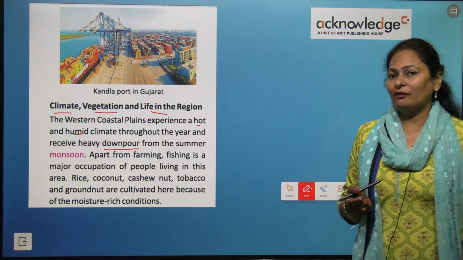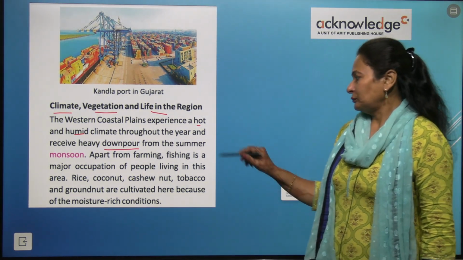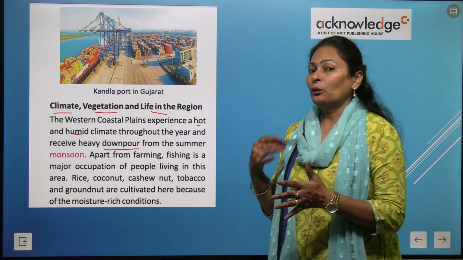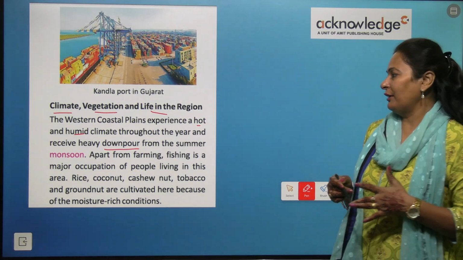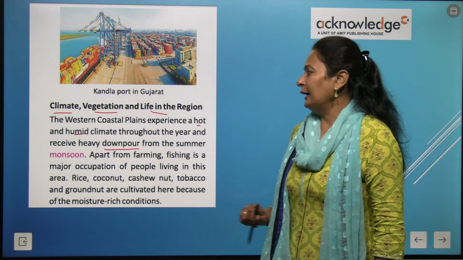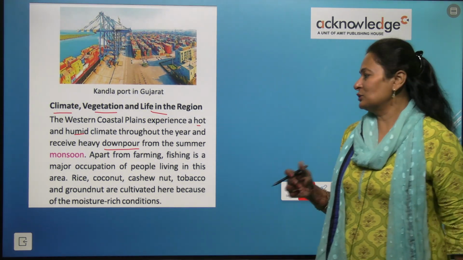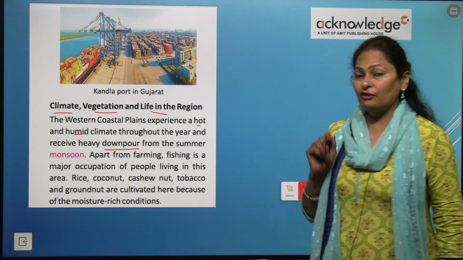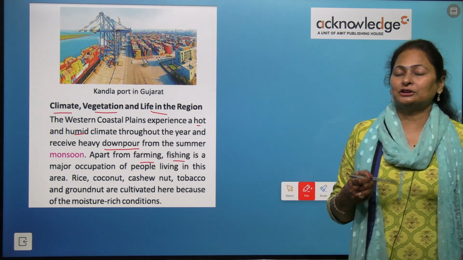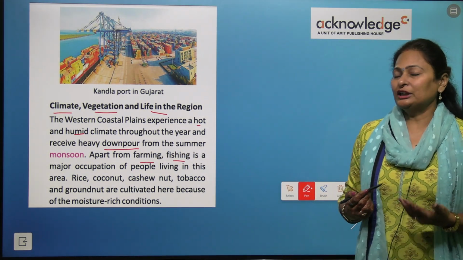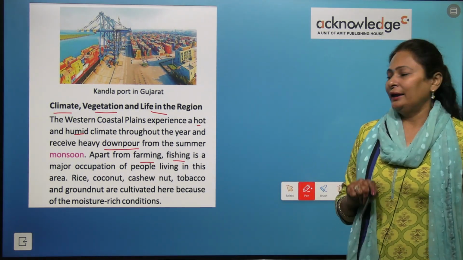Downpour means heavy rainfall from the summer season to monsoon season, and the humid and hot climate is throughout the year. Apart from farming, fishing is the major occupation because of the sea. Fishing is the main occupation of the people living in this area.